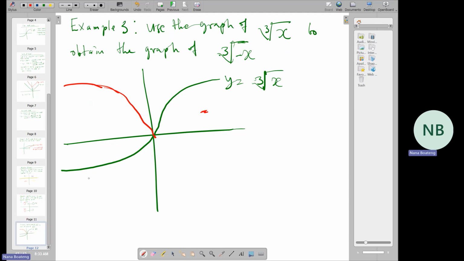And this part down here is also going to look something like this. So this will be h of x is equal to the cube root of negative x, whereas this would be f of x. So this is a reflection across the y-axis.